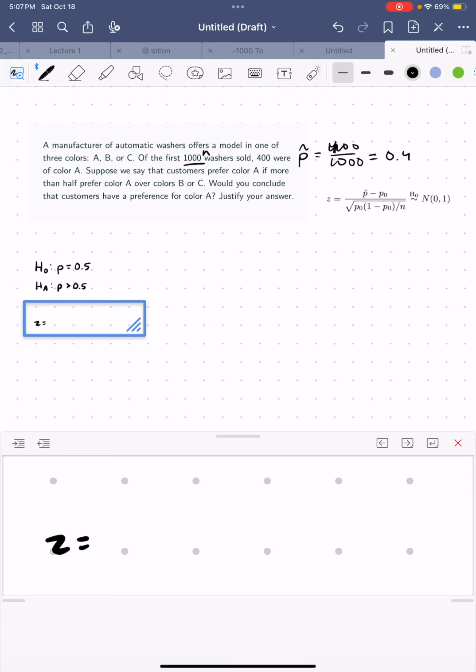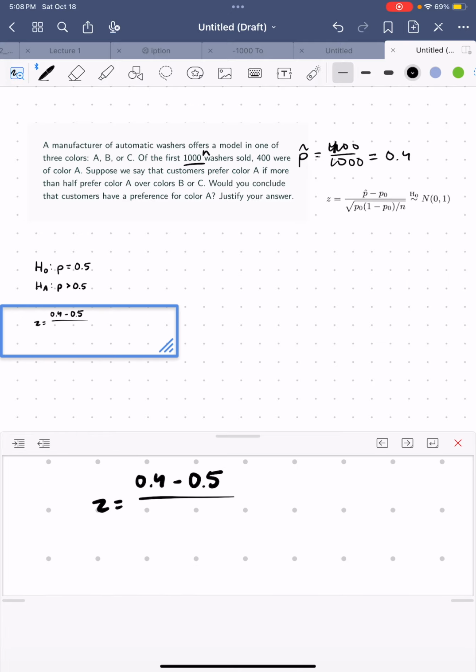So we have z equals 0.4 minus 0.5 divided by the square root of 0.5 times 1 minus 0.5 divided by our n, which is 1,000.